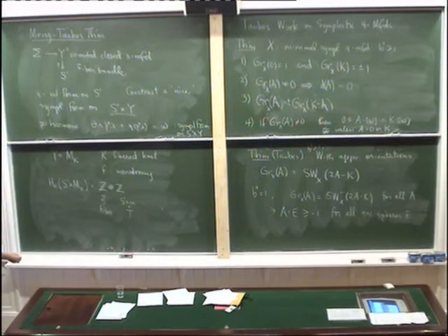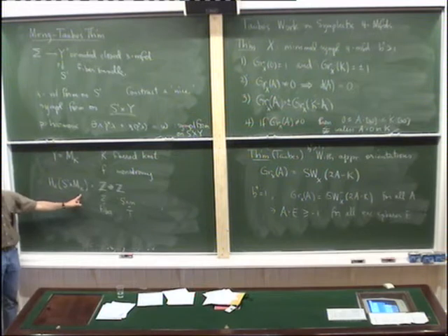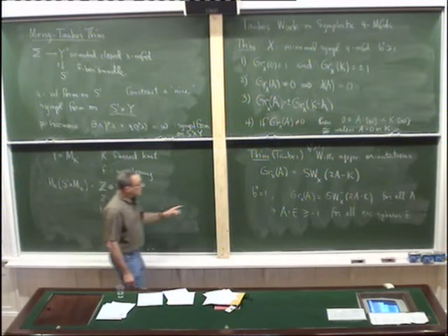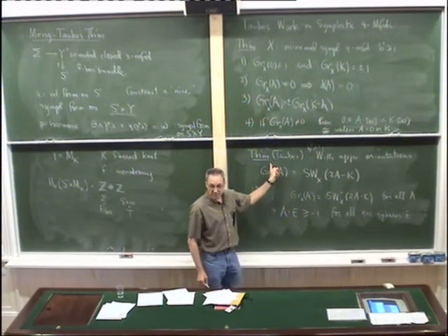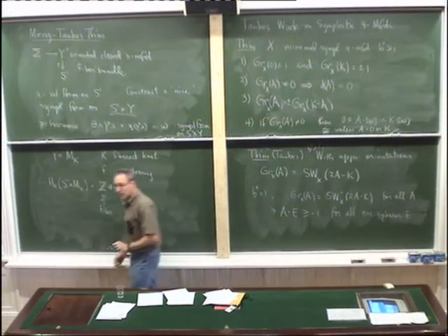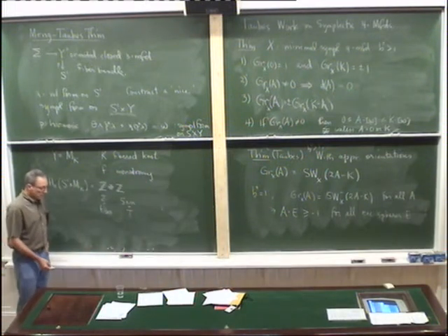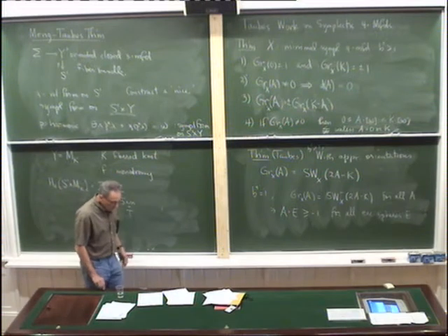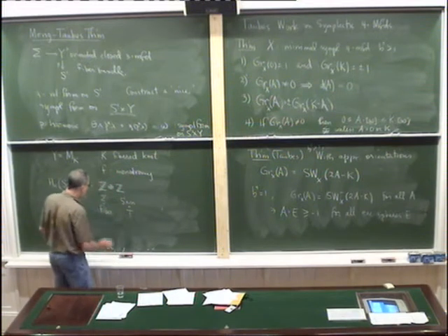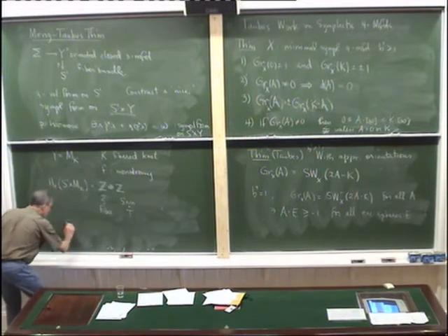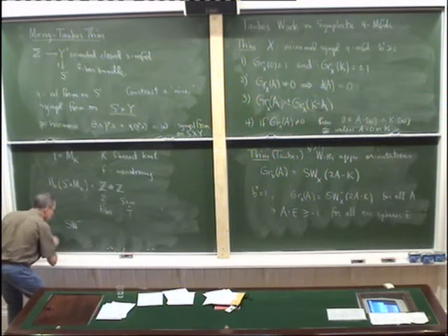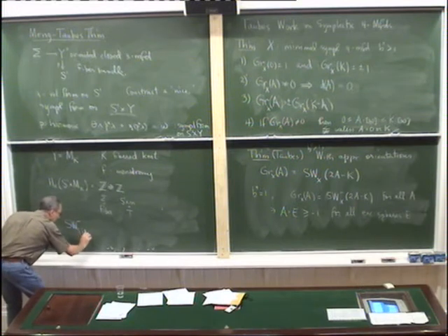And the goal is to compute the Seiberg-Witten invariant of this manifold by using Taubes' theorem, that Gromov equals Seiberg-Witten. So what we want to calculate is Seiberg-Witten minus of S^1 cross M_K.